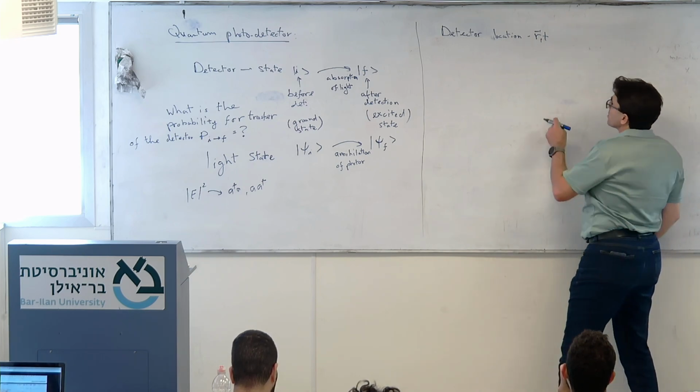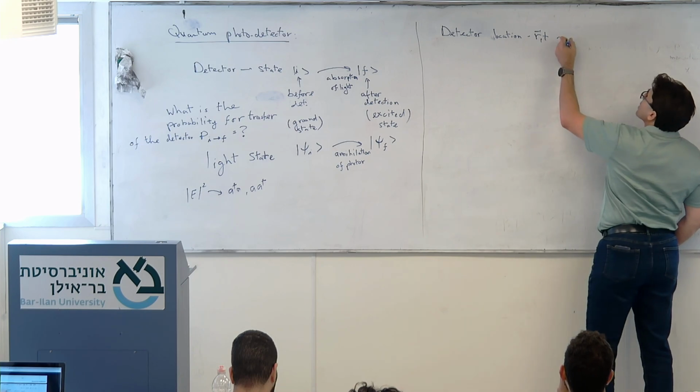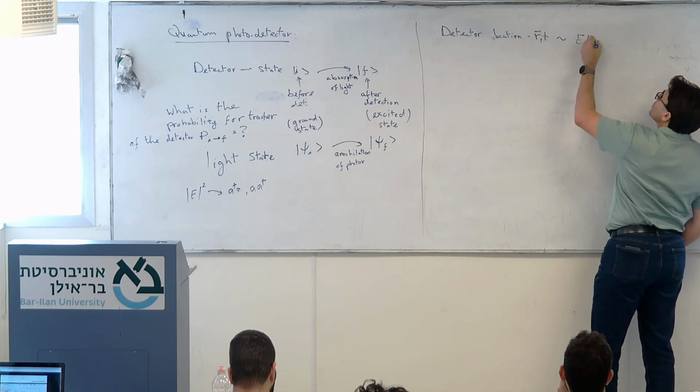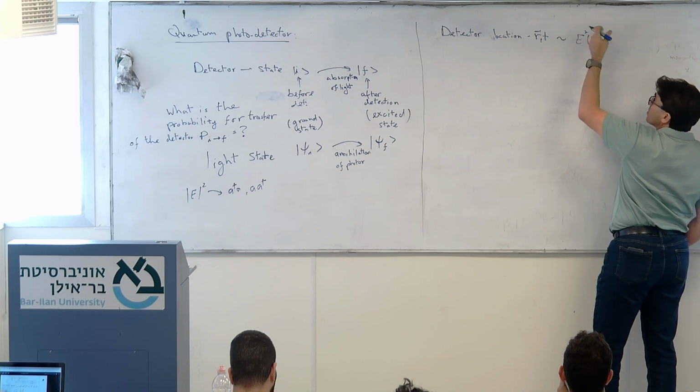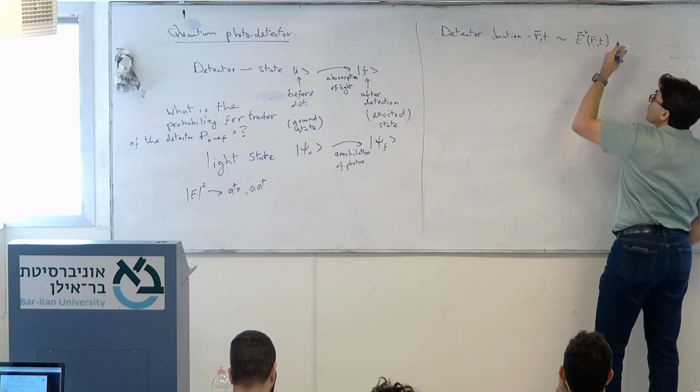And so that will go like E of R and T squared. I will need to define what that means.